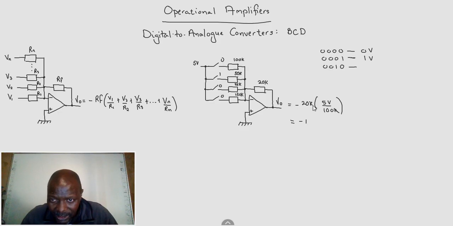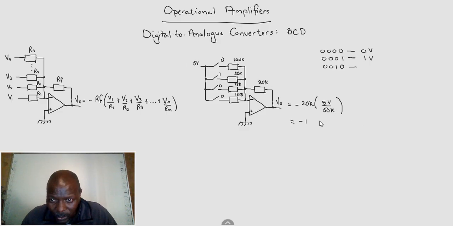The feedback doesn't change, the voltage doesn't change, all you change is the different switch, therefore the resistance changes. Instead of 100K it is 50K, because we are using that switch there. The one closes this switch, so we are using 50K. Our current is through the 50K, 5 volts with 50K.